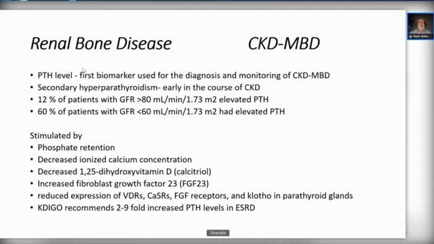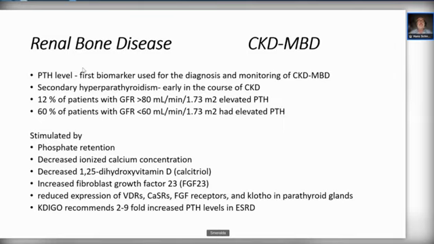So it's the decreased ionized calcium. The kidney makes less 1,25 vitamin D. There's probably, as the very first marker, an increase in FGF23. There's phosphate retention, probably fairly late in the piece of renal failure. And we find reduced expression of vitamin D receptors, calcium sensing receptors, FGF receptors, and klotho in the parathyroid glands.